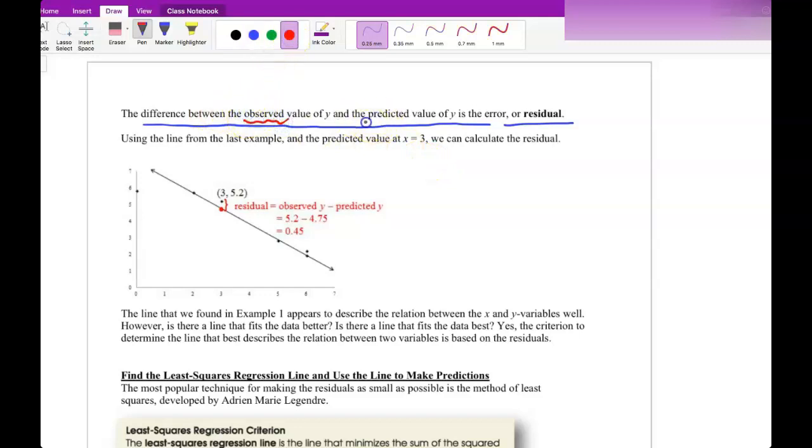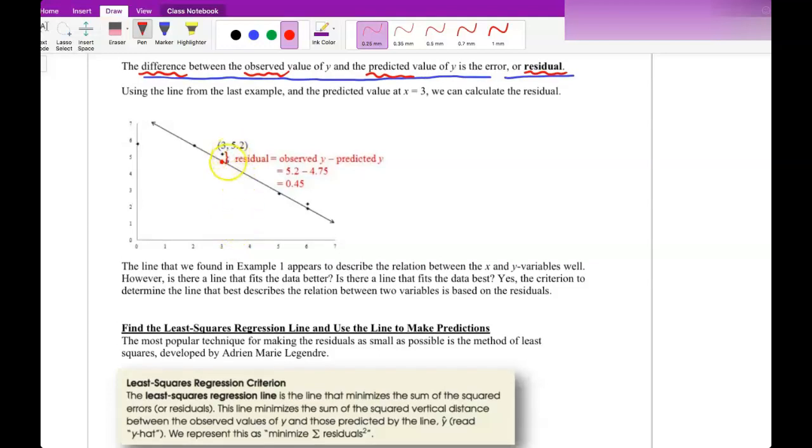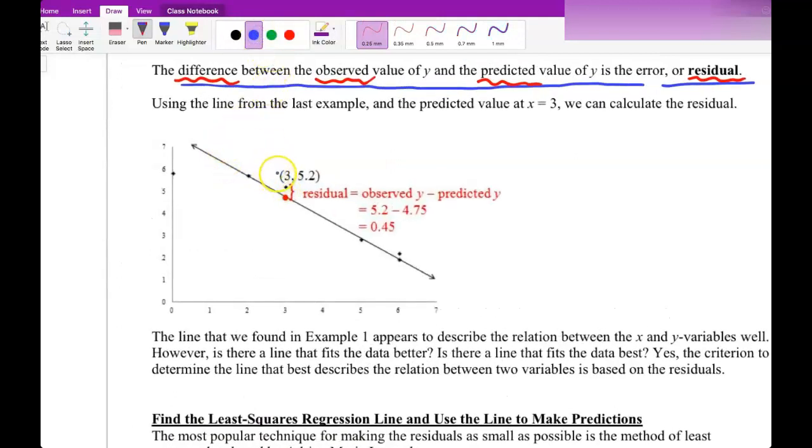So it's observed minus predicted. Based on our graph, here we have that point as 3, 5.2, and the other one is 3, 4.75.